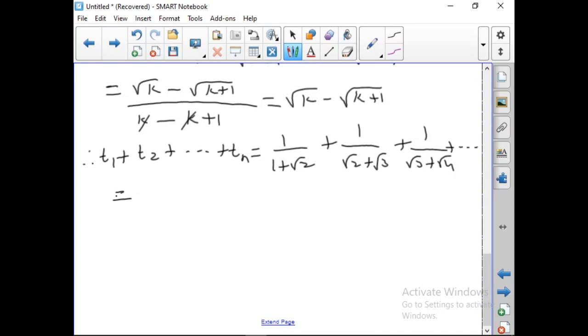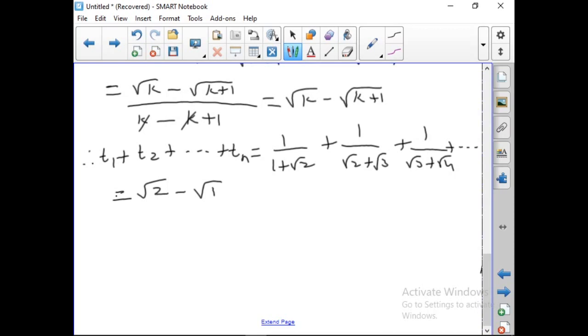How will you write the first term? Root 2 minus root 1. Okay, sorry, I have taken it wrong.